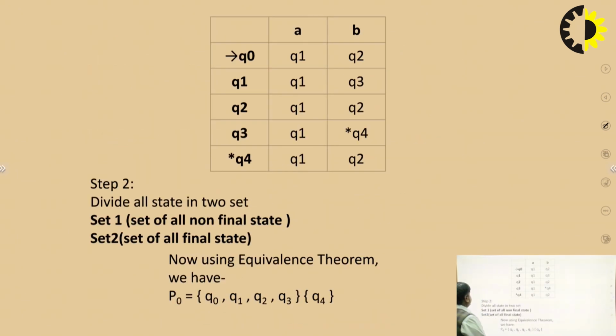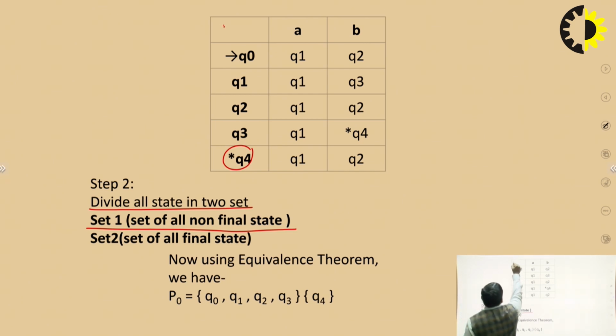Now, in the second step, divide all these states into sets. Divide all these states into 2 sets. In set 1, put the set of all non-final states.